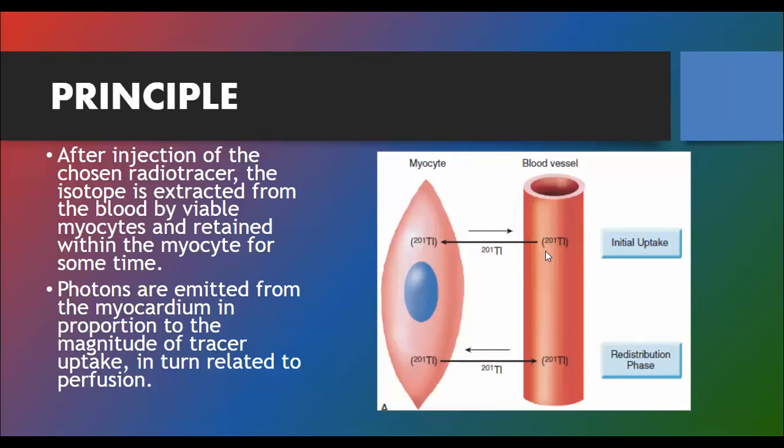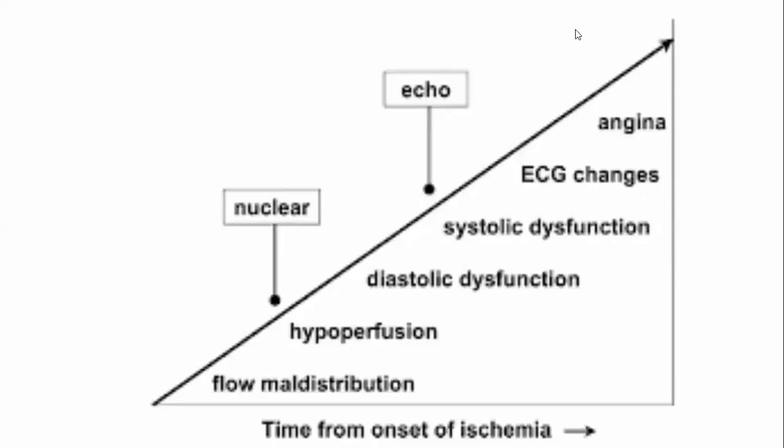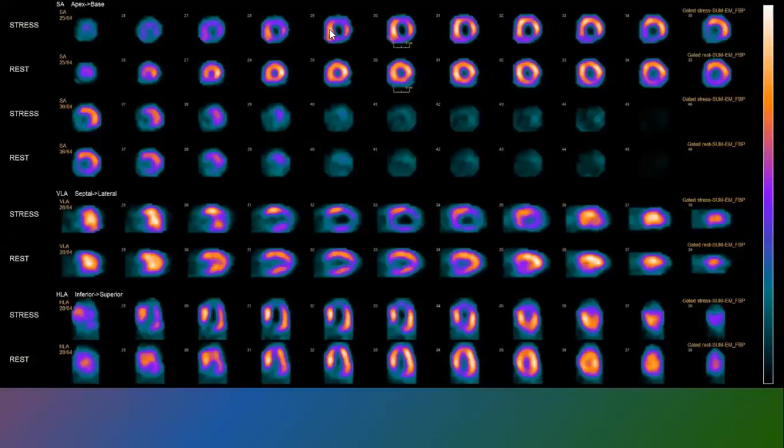And if it is not diseased, there is more blood flow, so more isotope will be delivered to the cells. This will appear like this: if you have a brighter spot on the myocardial perfusion scan, it means it has absorbed more isotope. And if it's not that bright, like this, it means it has absorbed less isotope. Why there are differences, we are going to explain later in the upcoming slides. But the basic mechanism is like this.